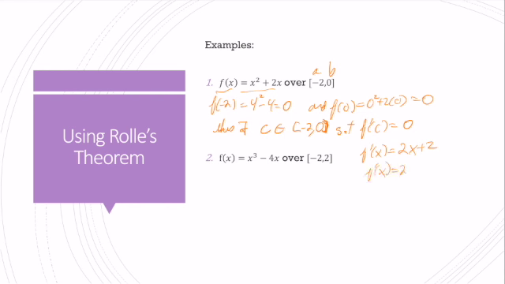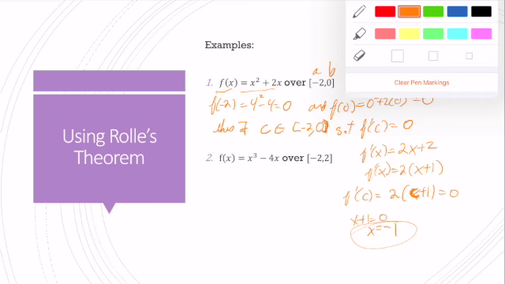And I can set this equal to 0. So f prime of c equals 2 times (x plus 1), which equals 0. So that means that my c right here has to be negative 1, right? X plus 1, if I set equal to 0, I get x equals negative 1. So negative 1 is the point where it changes directions.